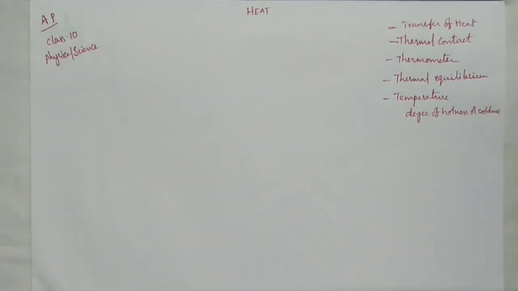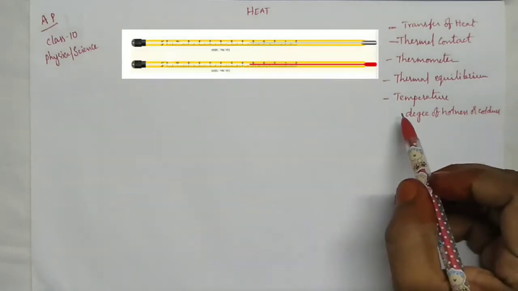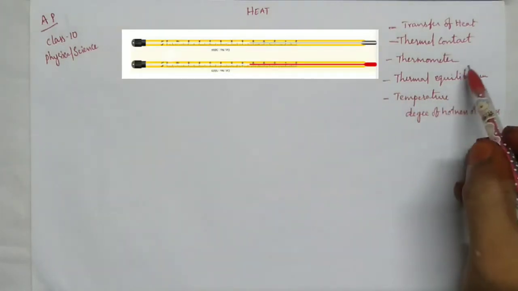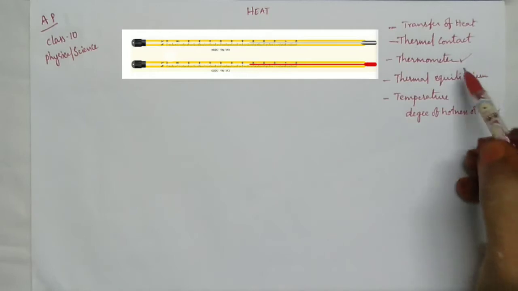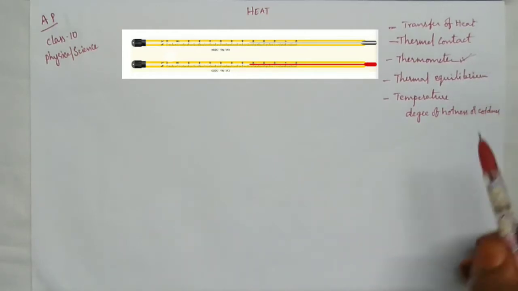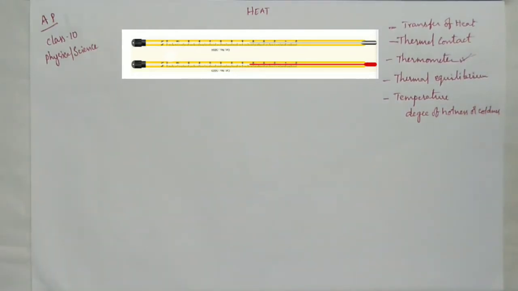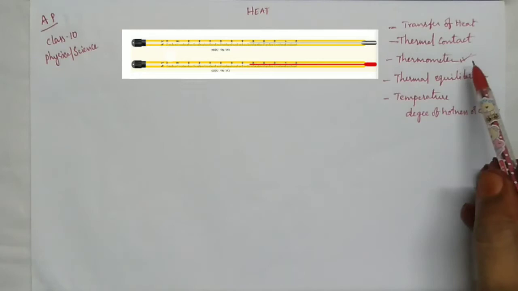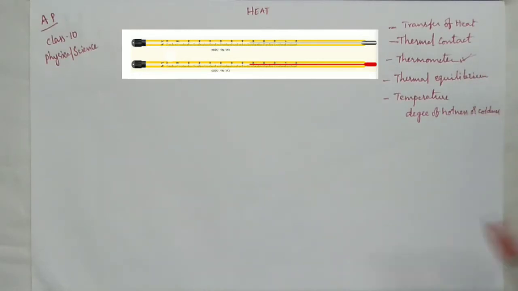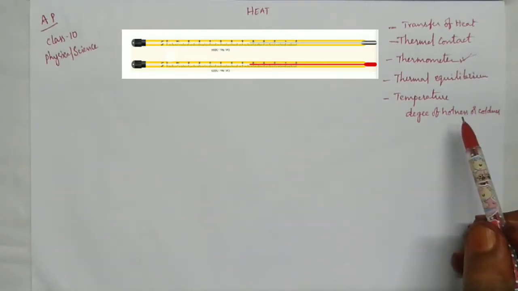How do we measure the temperature? Temperature can be measured with the help of a thermometer. Using a thermometer is your 7th class lesson, we can refer to it if you want. A thermometer has a sensitive part, and there are a couple of types.